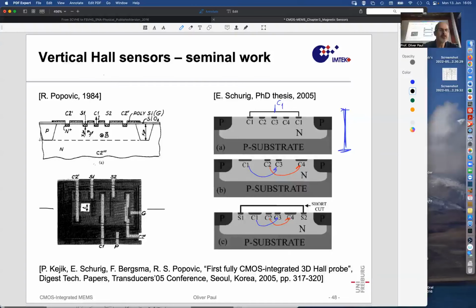And this is then bounded on the side by some diffused P region. And you must imagine that this P region is also limited at the back and the front, which means that this is the cross section of this object along this line.